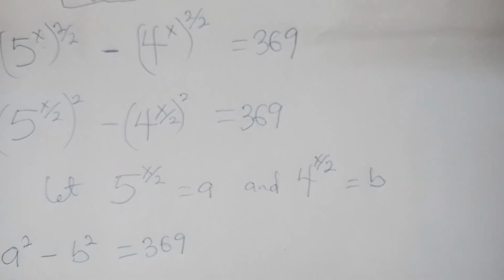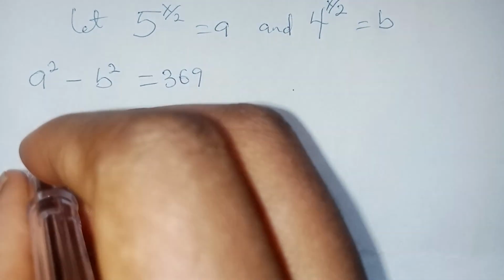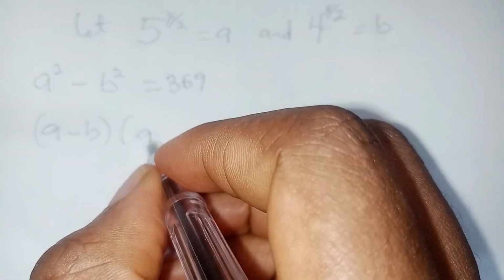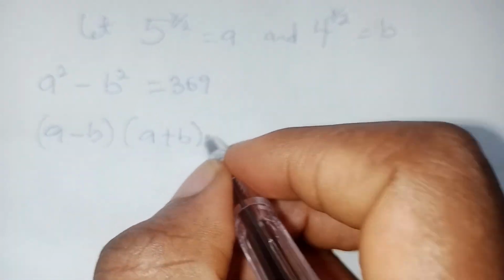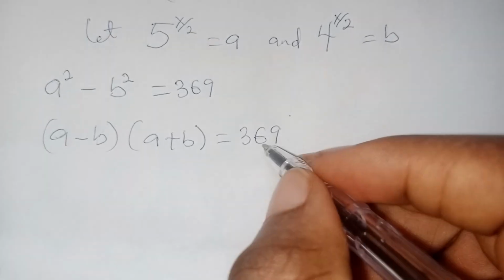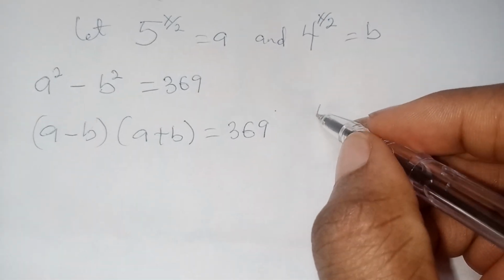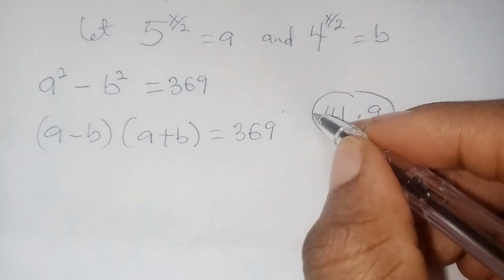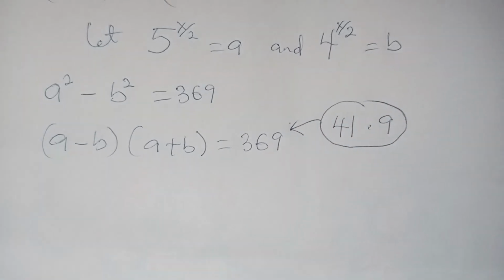All right, so from here we know that a difference of 2 squares can be written as this. Now we're going to express this 369 with this product, 41 times 9. It will definitely give us this, okay?